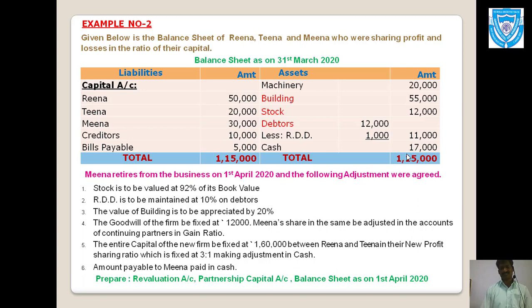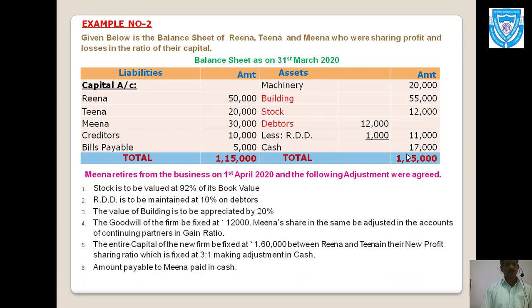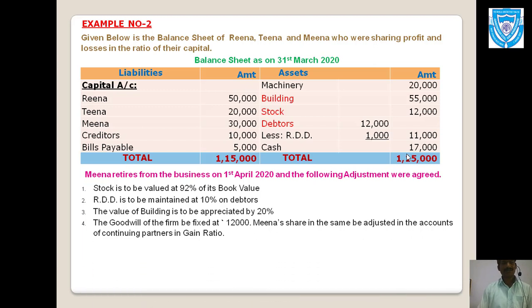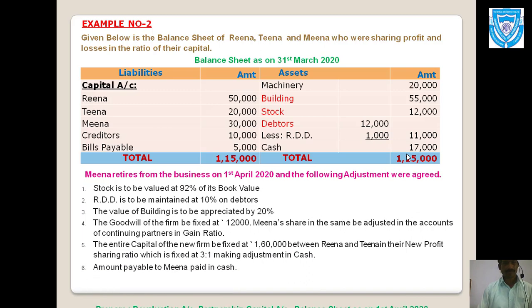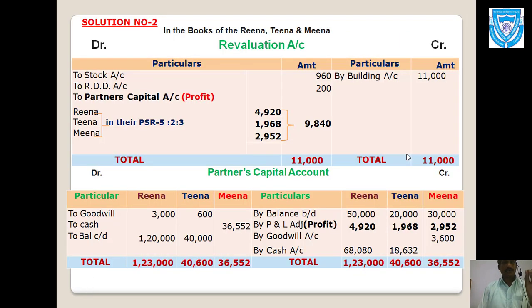You can see on your screen asset side debtors less RTD 1,000. That means we only have to create 200 rupees for RTD. So it is also a loss for us, and that is why we will see RTD rupees 200 to RTD account rupees 200.